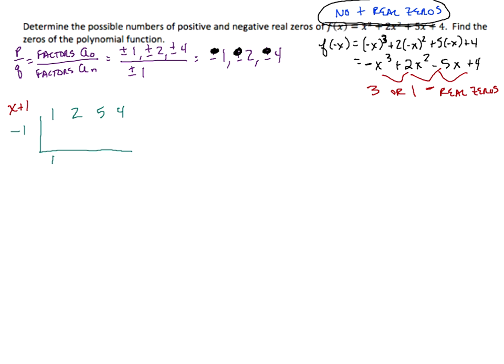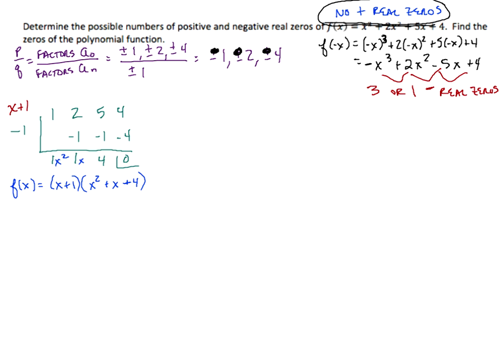Bring down, multiply, combine down, multiply, combine down, multiply, combine down. Interpretation. I now know that f of x is equal to x plus 1 times, I started with a cubic, it comes down by a factor of 1, so x squared plus x plus 4.